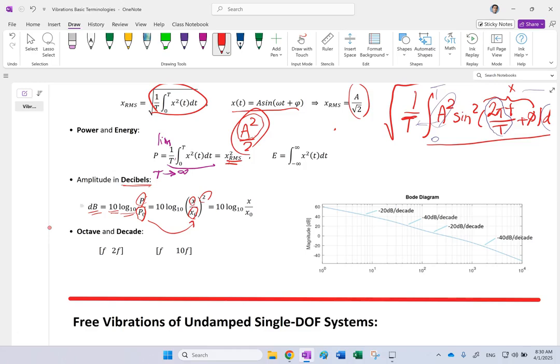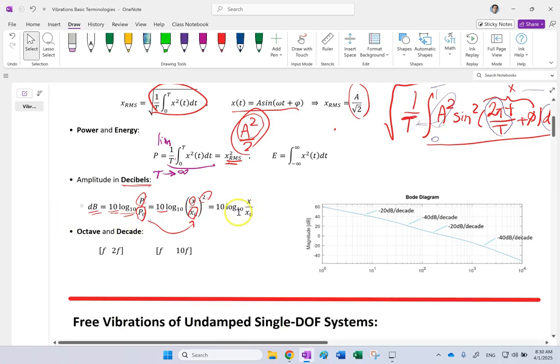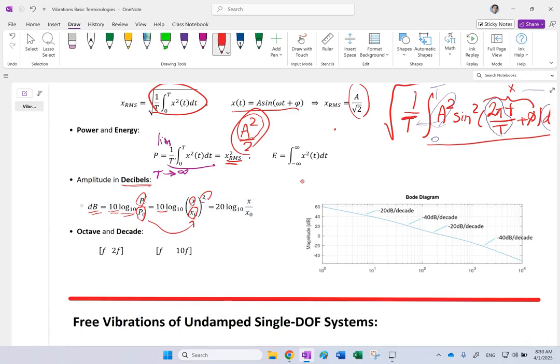Then log 10 of something to the power n, that power comes in front of the log 10 multiplied by 10, so you get, there is a typo here, you get a 20, and then log 10 of x over x naught. So another way to do it is to divide the amplitude of the signal by a default amplitude, take a log 10 of that and multiply by 20, and that is what you do in many things in vibrations, controls, and so on, including Bode diagrams, where you see decibels.